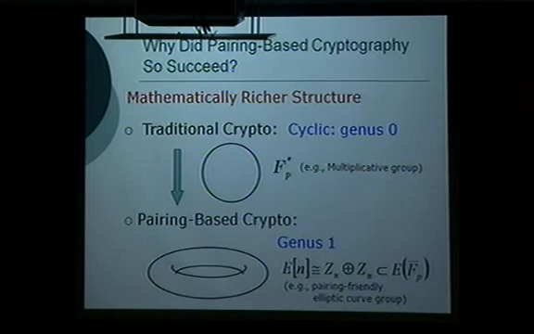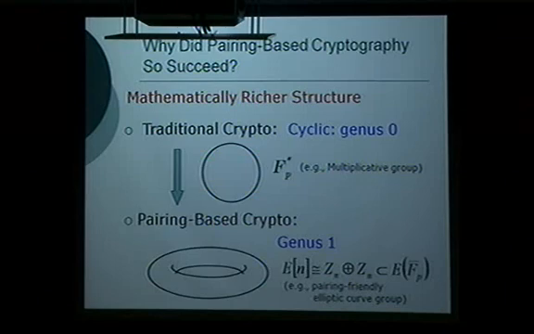And such a structure can provide us pairing operations. Okay, so it means that such a mathematically richer structure is also very useful in cryptography.